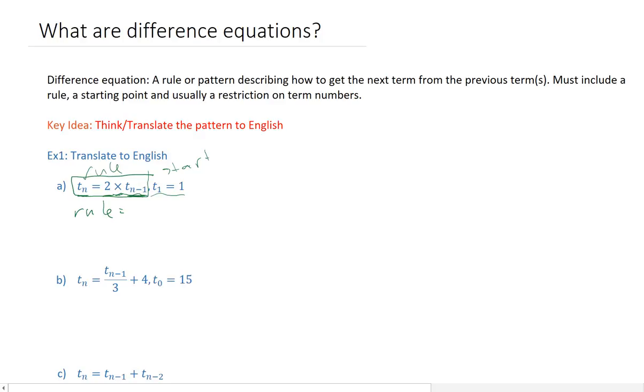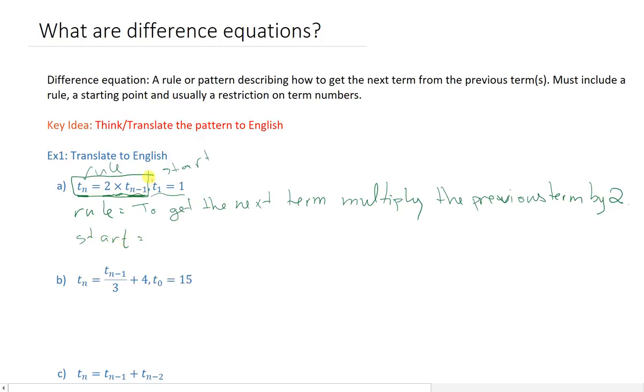So the rule: to get the next term, multiply the previous term by 2. Whatever term I'm looking at, to get term 3, I do 2 times term 2. It's always just the next one.